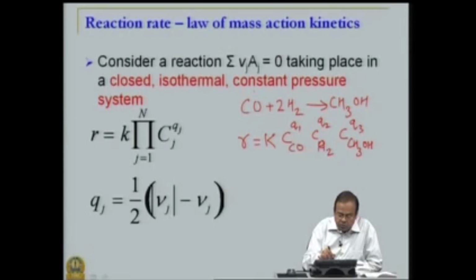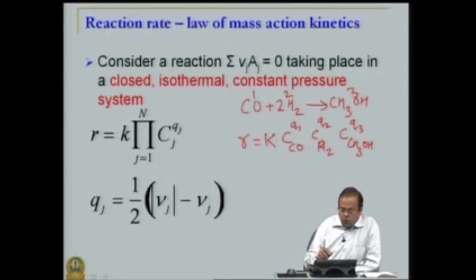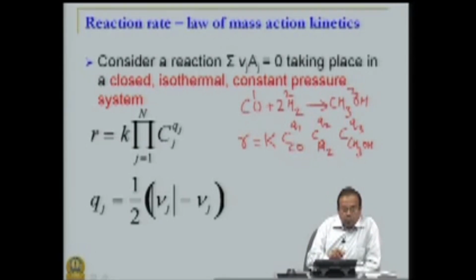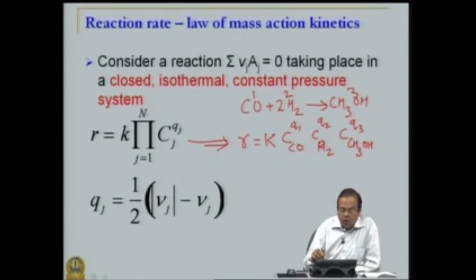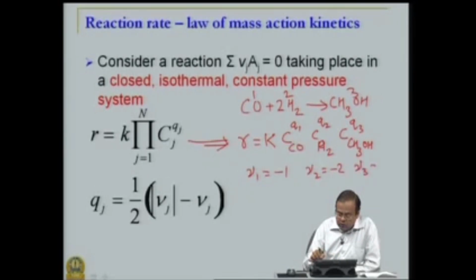I am calling these species 1, 2 and 3. So, what we have is a general power law kinetics representation for this reaction. What is our nu? Nu 1 for this case is minus 1, nu 2 is minus 2 and nu 3 is plus 1.